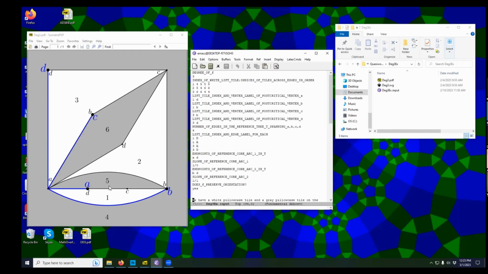And furthermore, you can use either tile. So for lift edge 1, we could have said it's 5D, instead of 1D. And similarly here for the post-critical points, we could have had 5D.